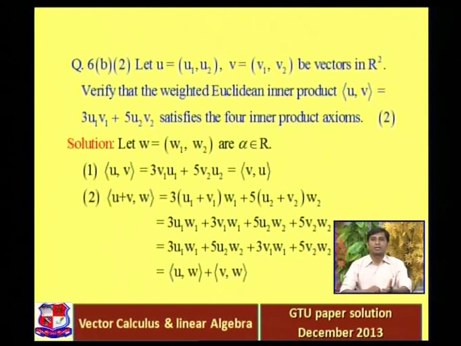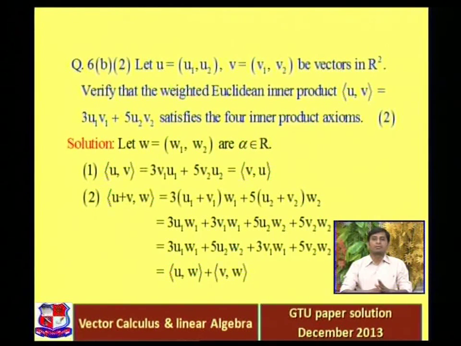So the first one is the commutative law, that is <u, v> = <v, u>. The second one is the additive law, that is <u + v, w> = <u, w> + <v, w>. The third one is <ku, v> = k<u, v>, and the fourth one is <u, u> is always greater than or equal to 0.